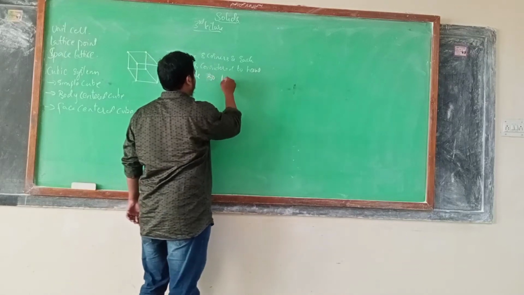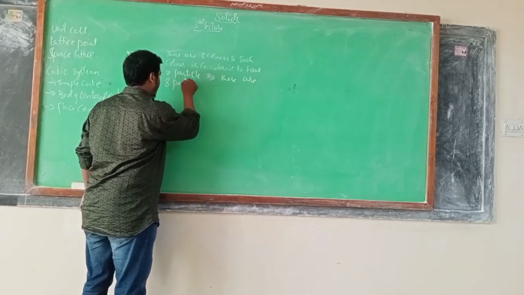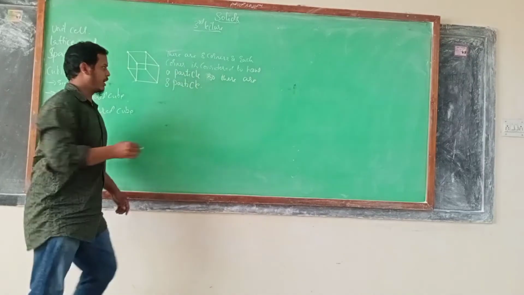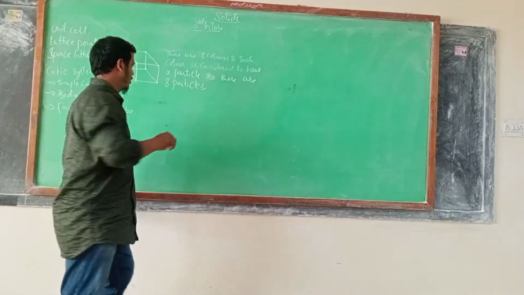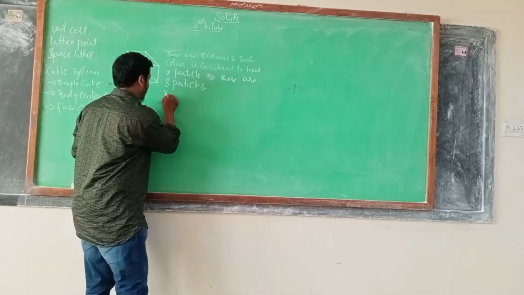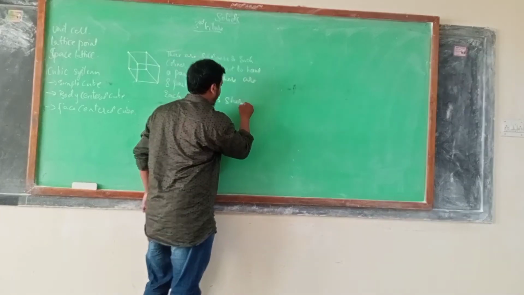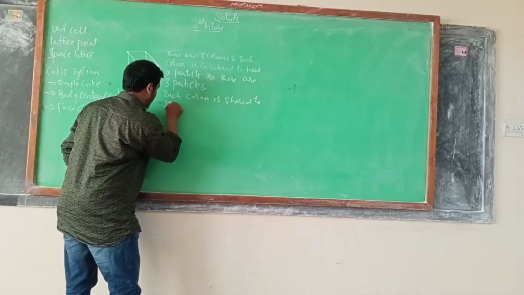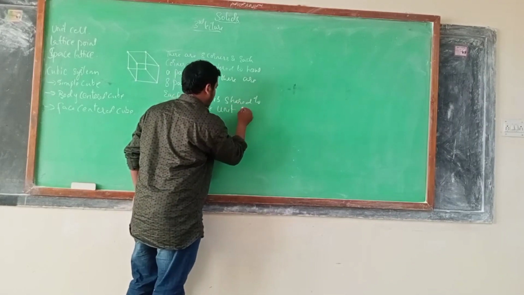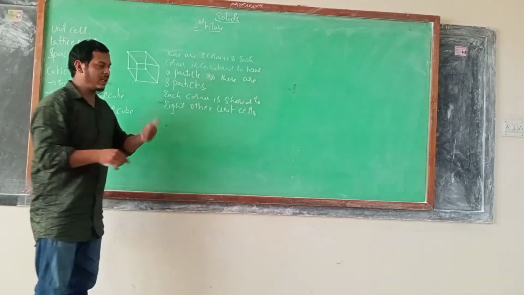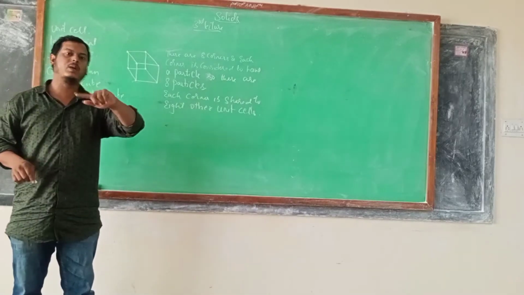So there are 8 particles, but each corner is shared to 8 other unit cells. Then for this unit cell, the share of this particle will be 1 by 8.